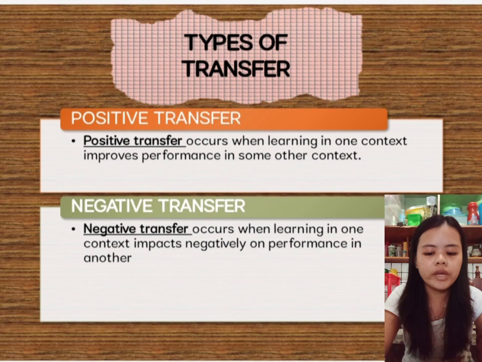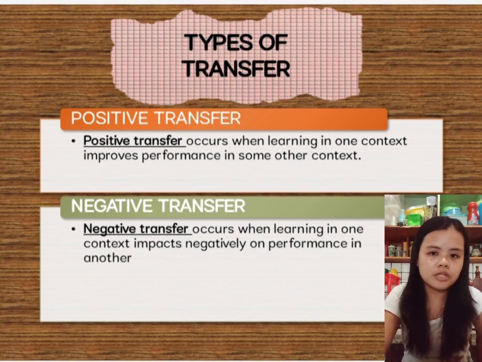And second, we have the negative transfer, which occurs when learning in one context impacts negatively on performance in another. So it is the opposite of the positive transfer.